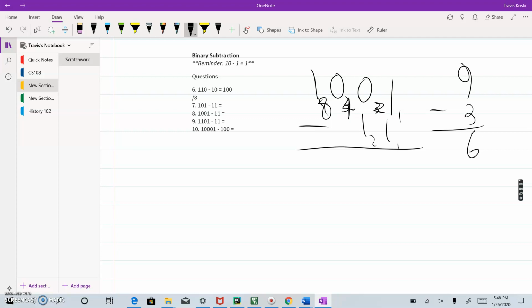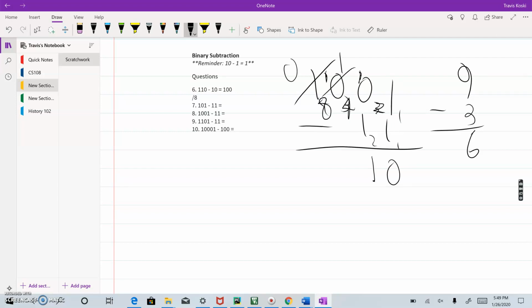So now 1 minus 1 equals 0. Now, this is where it gets tricky because we can't just borrow from the 0, so we have to borrow from over here, just like we did back in second grade. And now that we have 1, 0, we have to borrow a 1 from this. And now that we have borrowed a 1 from this, we can go and put this 1 here. So, what we do is we subtract a 1 from 1, 0, we get 1.